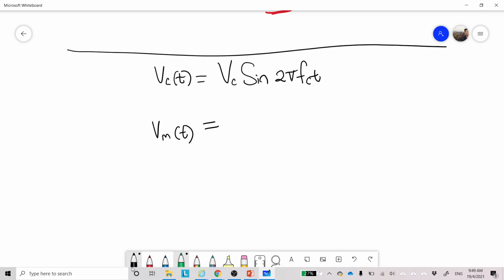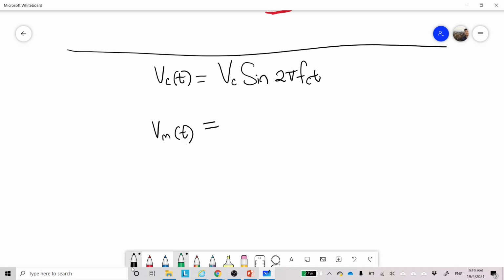Okay, so listen carefully. I hope that you understand about this. So if I derive the equations again, this one becomes VC sine 2 pi FCT plus VM sine 2 pi FCT sine 2 pi FM1T.